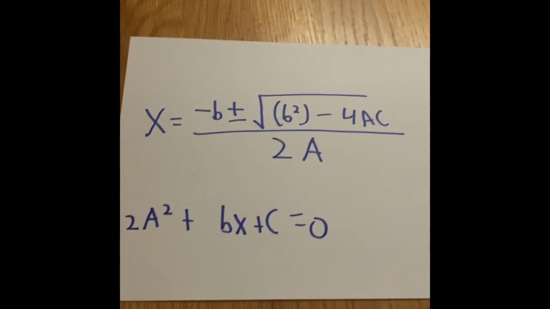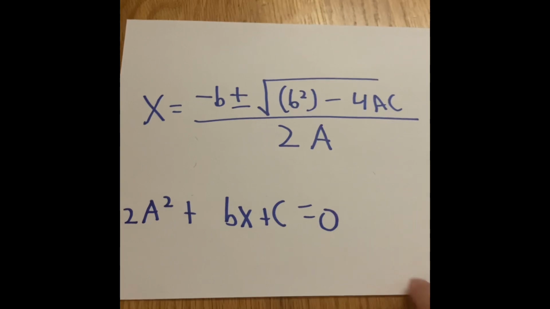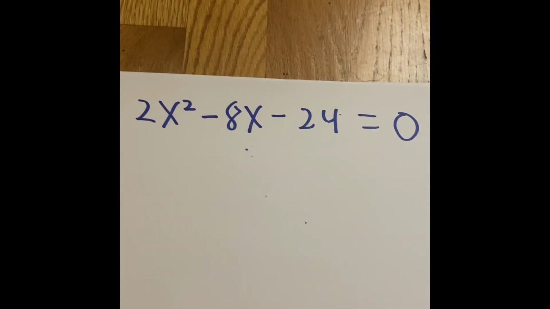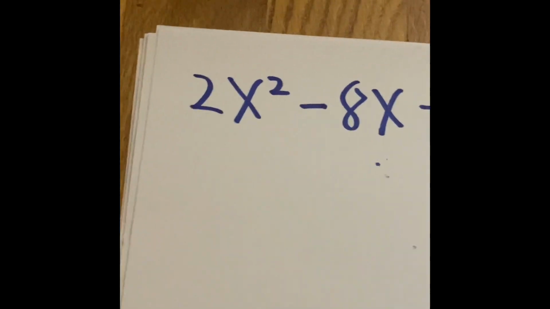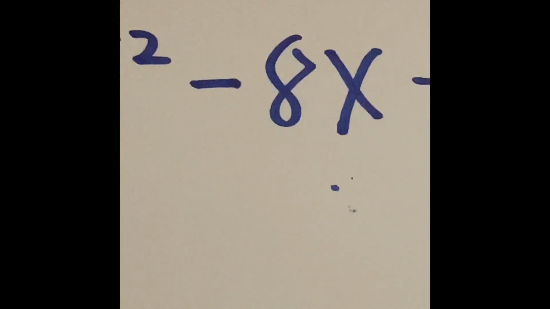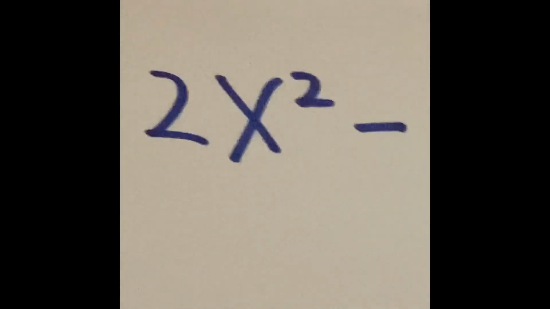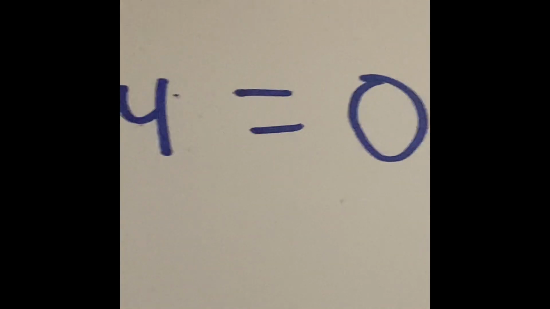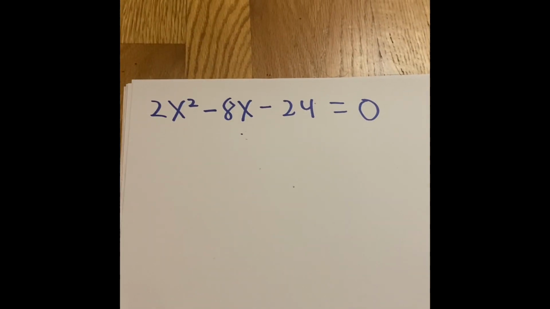But there is a little problem with the quadratic formula. You see this problem right here? We have a quadratic of 2x squared minus 8x minus 24 equals 0. So that is our quadratic.